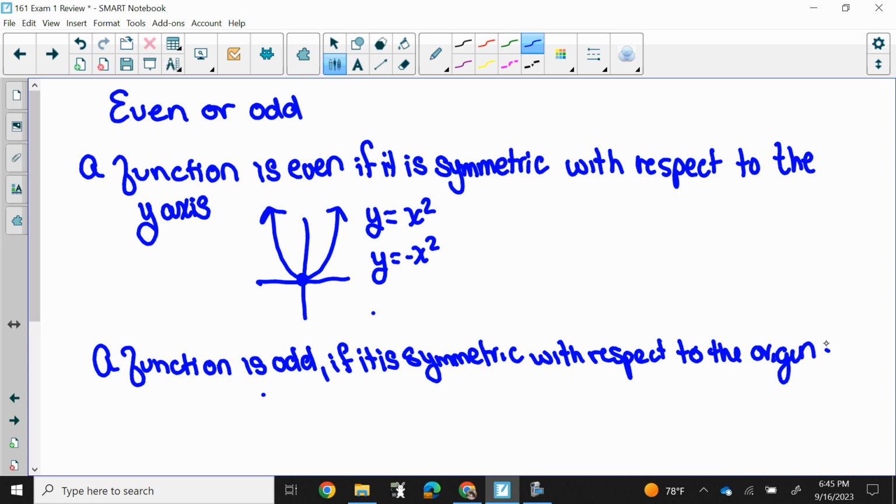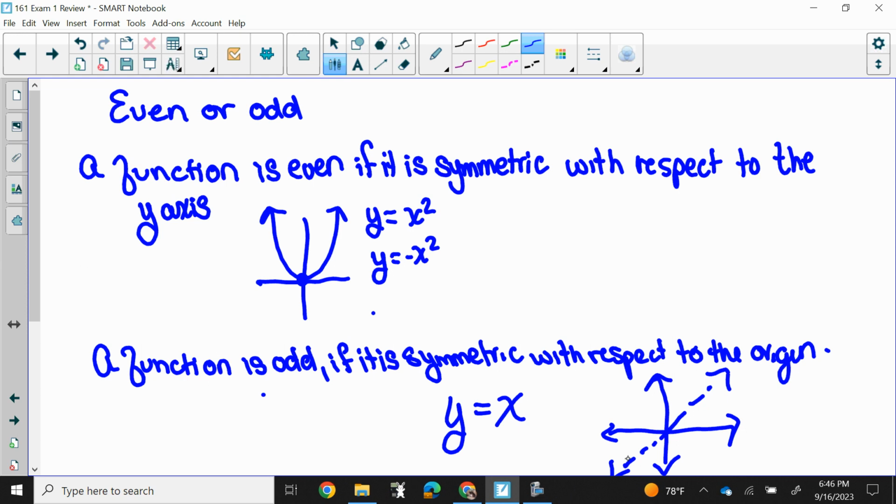That's kind of a weird way to look at it, but one example of something that's odd is the equation y equals x, a line that has a slope of 1 that goes directly through the origin, right? It's symmetric with the origin. It's a really abstract concept, and frankly, I'm going to be honest, I don't love it, but it is something that is covered a little bit, and I want to make sure you guys understand.